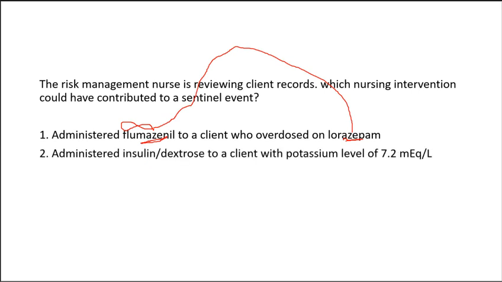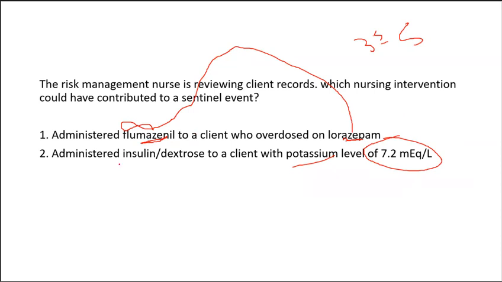How about number 2? Giving insulin with dextrose to a client with a potassium level of 7.2. I think of potassium, and I remember that I can get potassium from bananas, and bananas come in bunches of 3 fingers to 5 fingers. So that's how I remember my potassium level, 3 to 5. Most textbooks will say 3.5 to 5. A potassium level of 7.2 is on the high side, so my client has hyperkalemia.